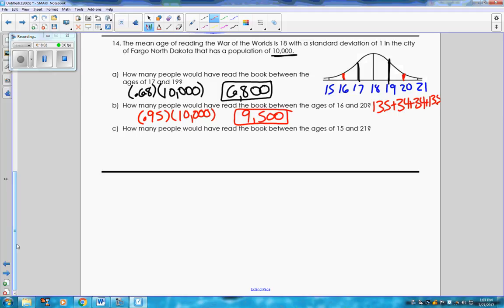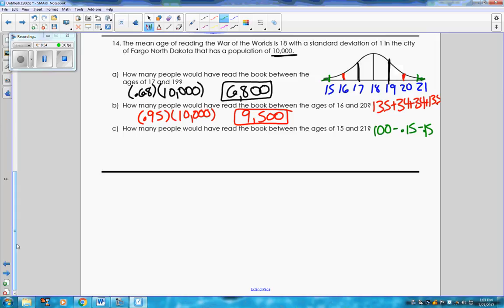Part C asks for how many people have read the book between ages 15 and 21. So that's this area and this area. Since I'm including a whole lot of this normal distribution curve, I can actually choose to subtract rather than add. So I can take 100 and subtract 0.15 two times, because this is the area that's not being included in the actual percentage.